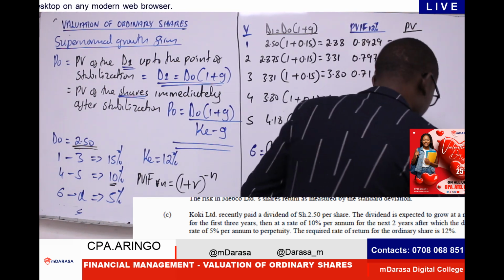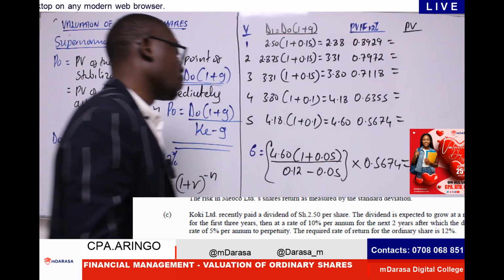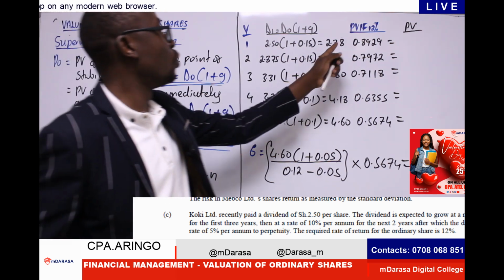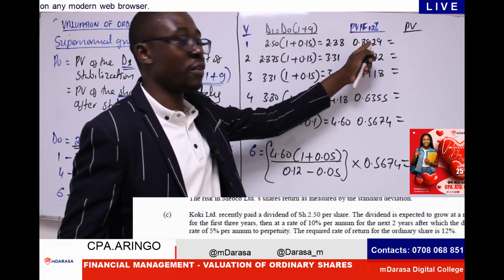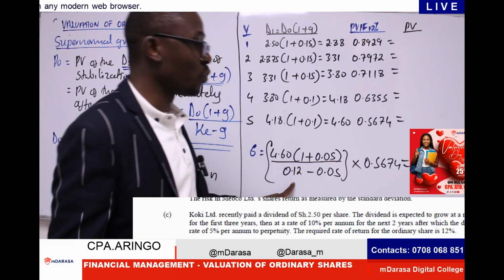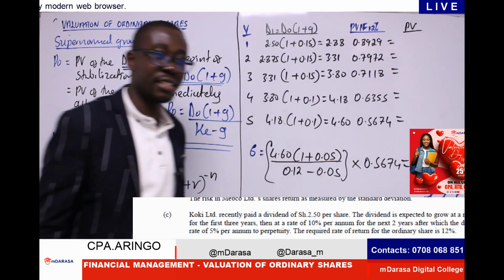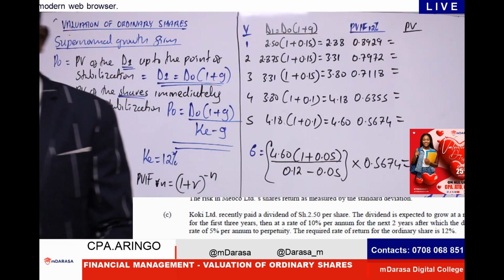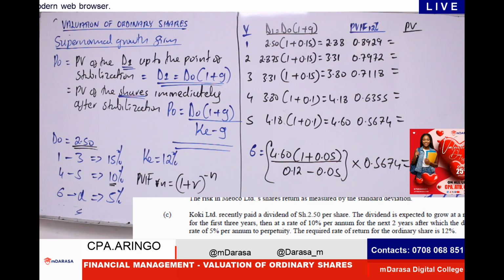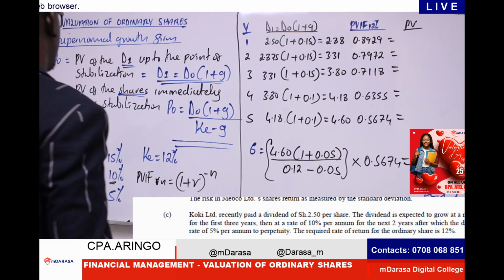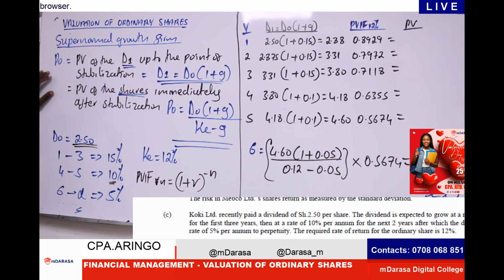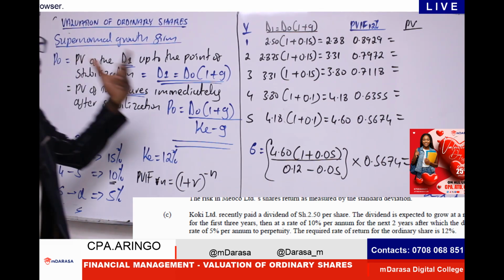So in this case, whatever you're going to have here, you multiply your D1 times your factor, all the way to this point, and you solve this. Whatever value you get at that point, that is what we'll be taking as the P0, the intrinsic value of these shares for a supernormal growth firm.